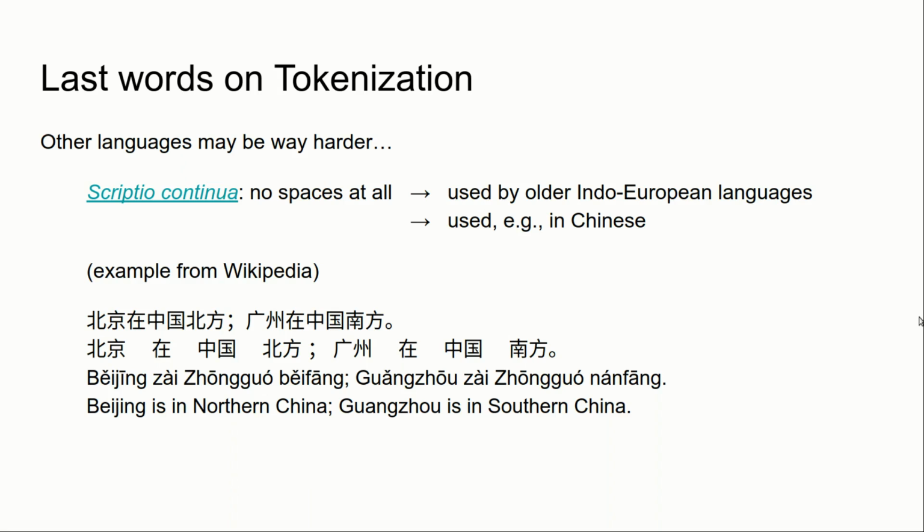There's not really a thing that indicates where the words end and start. So in these cases, tokenization might be quite hard, and it might require knowledge of what words exist and even some information about how the grammar of the language works.